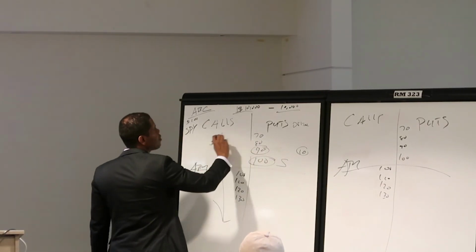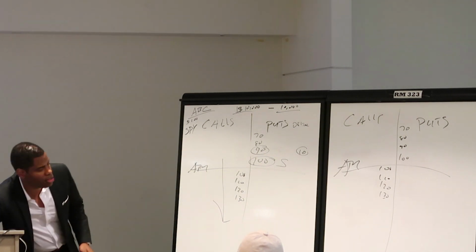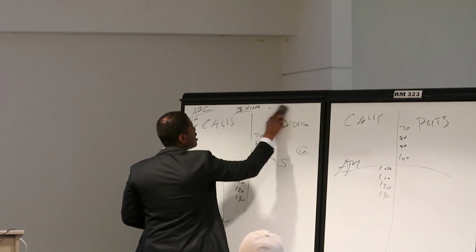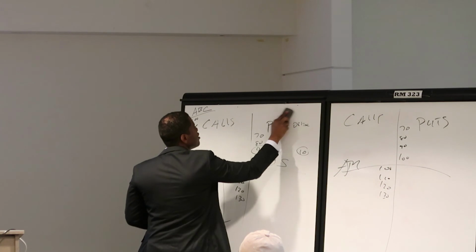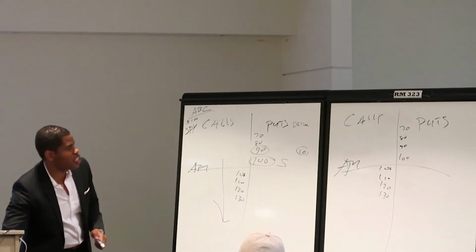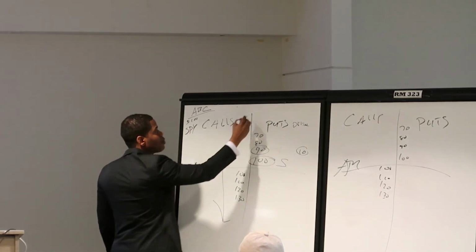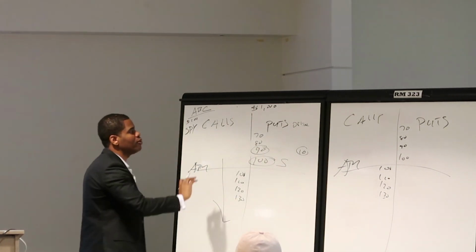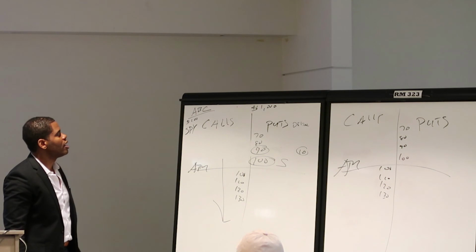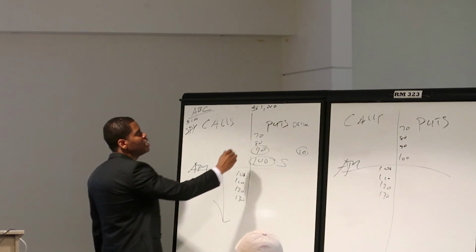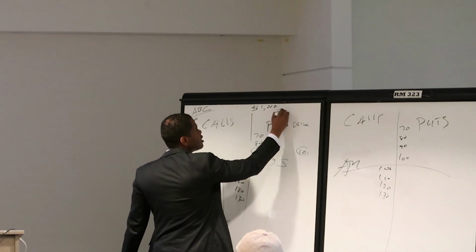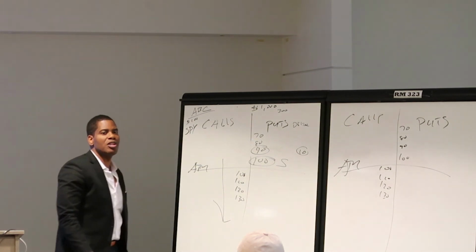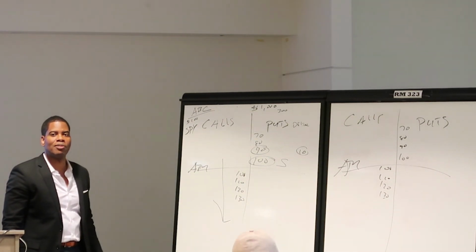And they were requiring $1,000 for you to do this spread on the regular T margin, remember? Because it's a 10-point wide spread. They were requiring 1,000 minus your credit, right? Well, with portfolio margin, instead of 1,000, they probably require 300. You only have to put up 300 to do that spread.